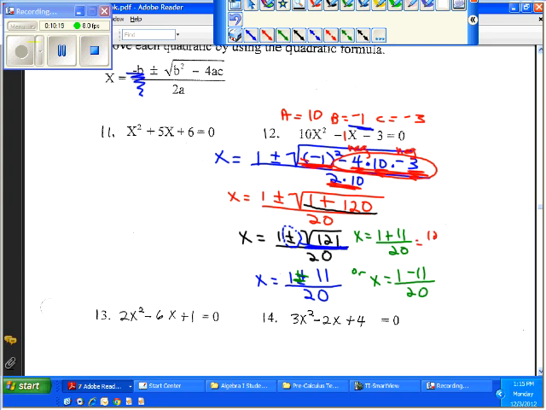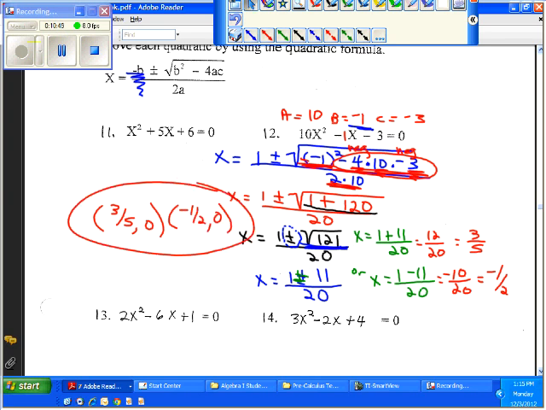One plus 11 is 12 over 20. 4 will go into both, and you'd get 3/5. 1 minus 11 is negative 10 over 20. Negative 10 over 20 is negative 1/2. If we wrote those solutions as ordered pairs, we would have (3/5, 0) and (negative 1/2, 0). Any questions on number 12?